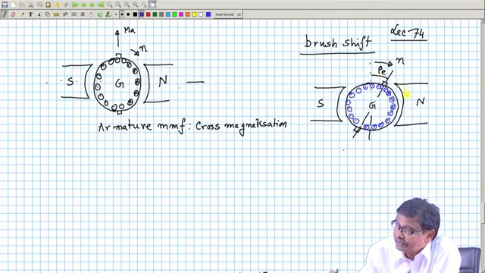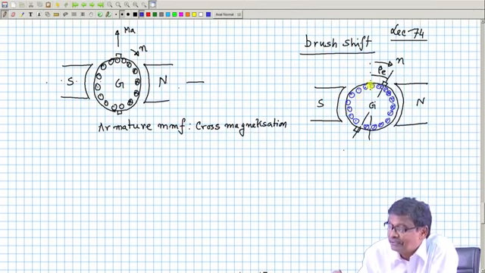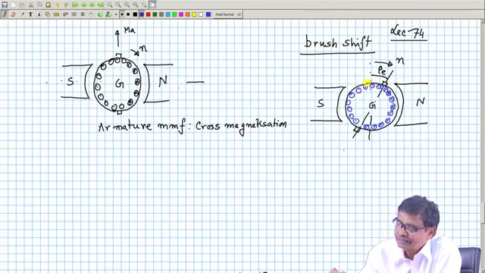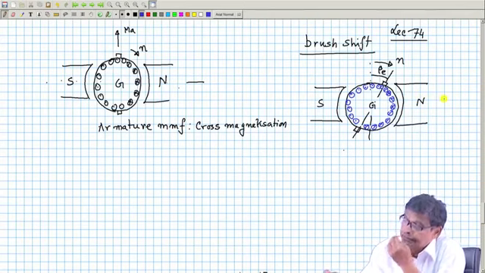These conductors are under the influence of the north pole, these are under the south pole, and this conductor is under no poles, that is fine. Perhaps the induced voltage is 0, but these are all in series, so the current has to be the same, no doubt. So, it will be like this.